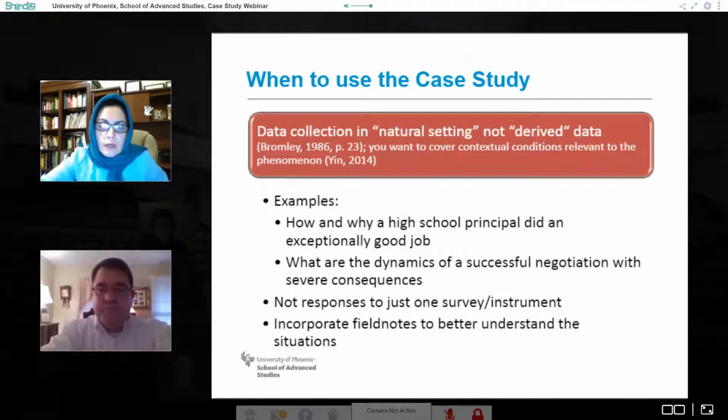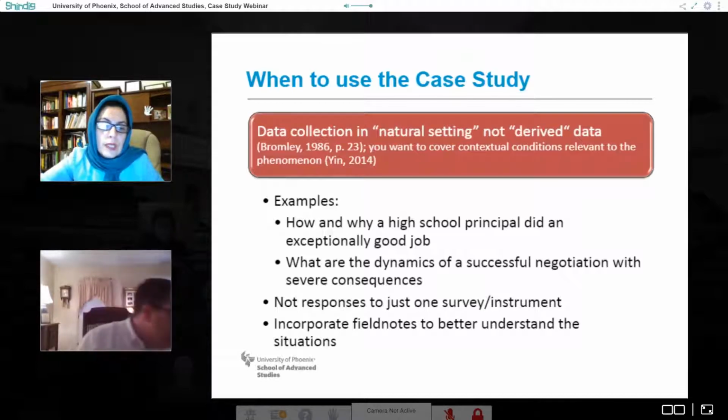As I will explain later on, the hallmark of case study is collecting data from at least 3 different sources. The reason is that we want to really understand the phenomenon, the event, or the case in its natural setting. The example is how or why a high school principal did an exceptionally good job.